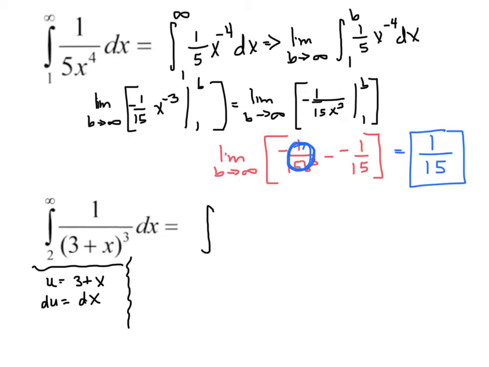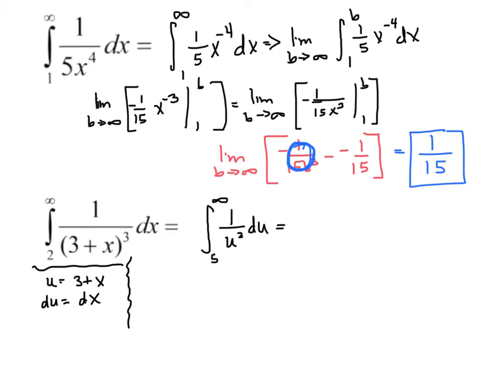I'm going to have 1 over u cubed du. And remember, to get the new bounds, we simply take our old bound and plug it in, because it was in terms of x. Well, 3 plus infinity is still infinity. The bottom bound, in terms of x, was 2. 3 plus 2 is 5, so our new bound is 5.